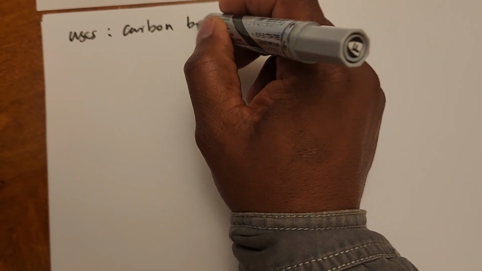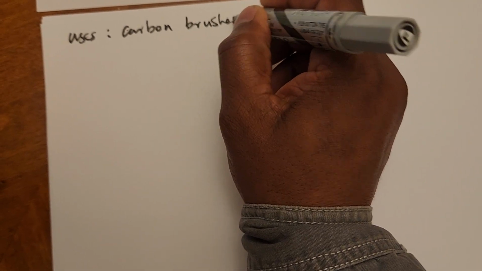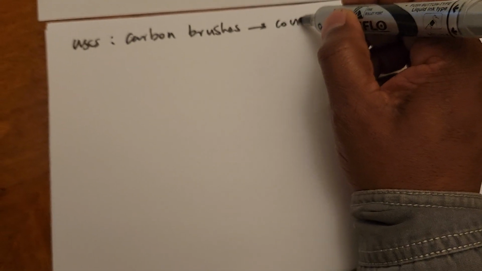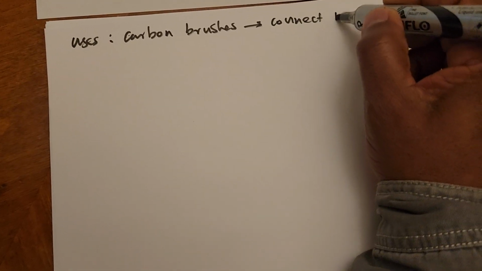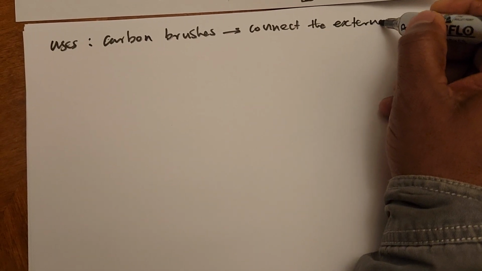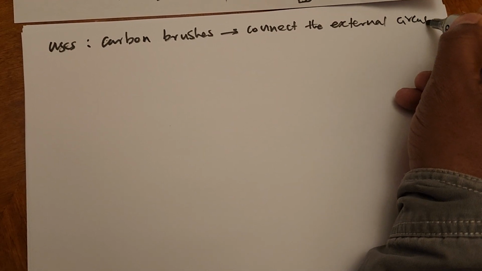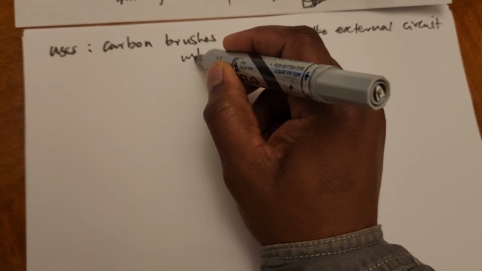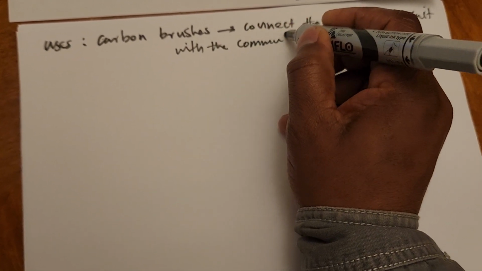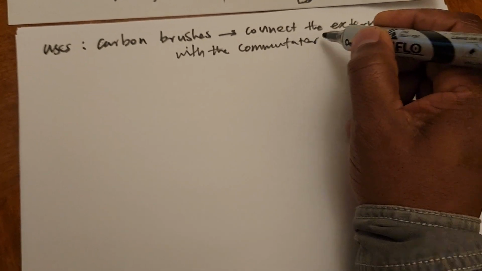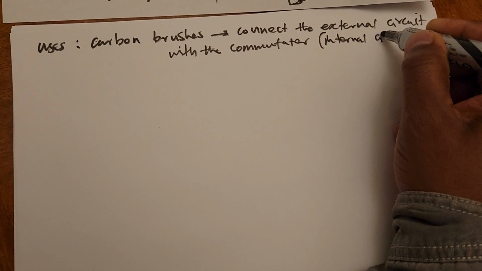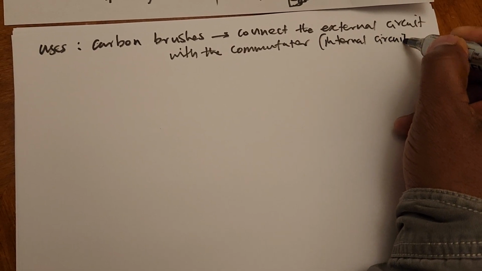Carbon brushes, they just connect the external circuit with the commutator in the case of DC, or with the internal circuit. We can just say circuit is fine.